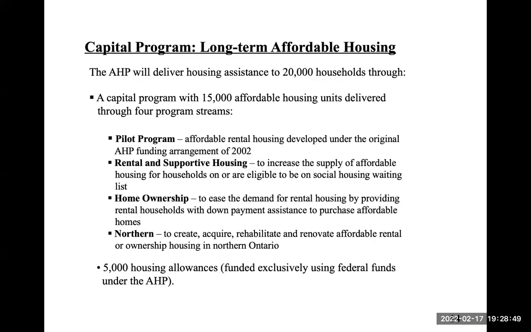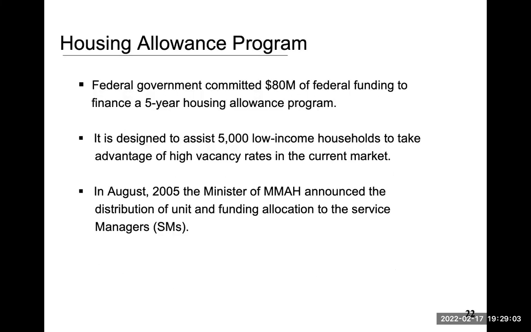So this is one figure I would give you for you to figure out after class how a pilot program for rental and supportive housing, housing ownership, and nursing would become a reality. And this is now the housing allowance program that they try to commit.